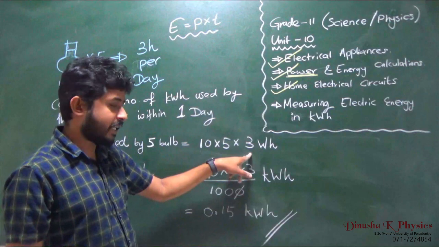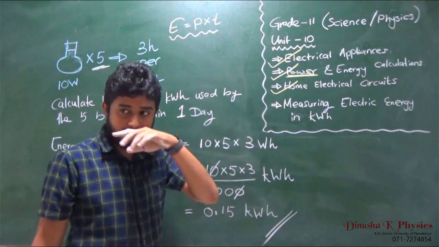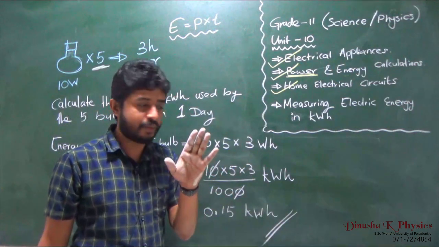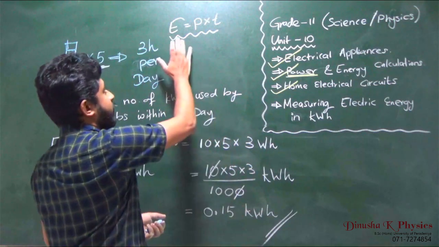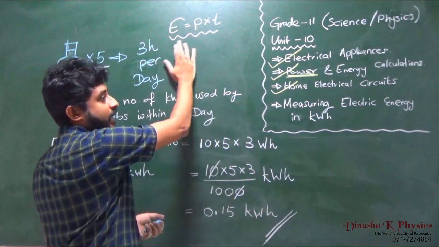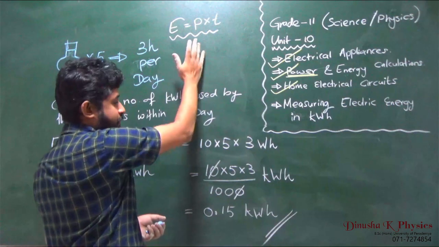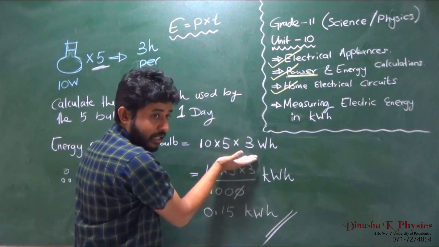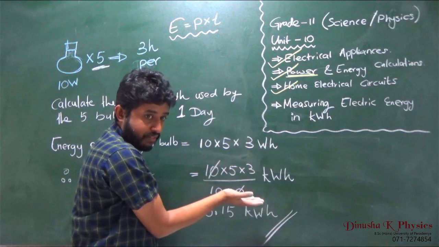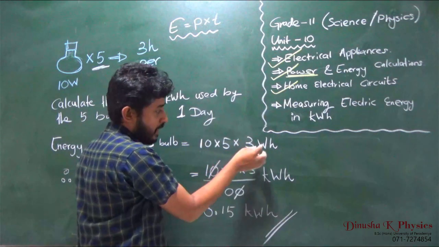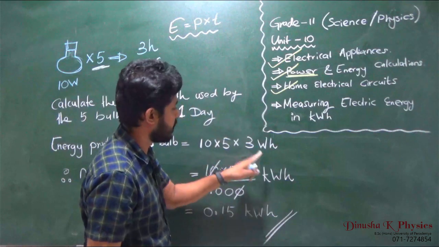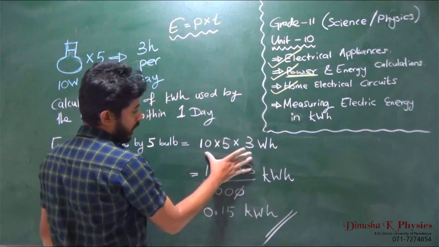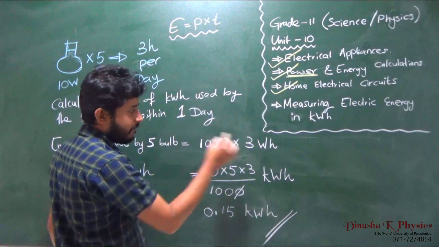I will write 3 hours directly and not convert it to seconds, because I am not finding the energy in joules. I am finding kilowatt hours, so I need hours. So now I will have the energy in watt hours.